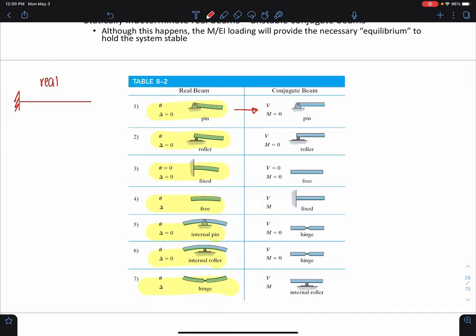You'll go to the table and say, okay, I have a fixed support here, so that fixed support needs to be changed to free. And I have a free end on the real beam, that needs to be changed to fixed. So that's how I switch it up. And we'll do a couple of examples so that you can see how this is done.